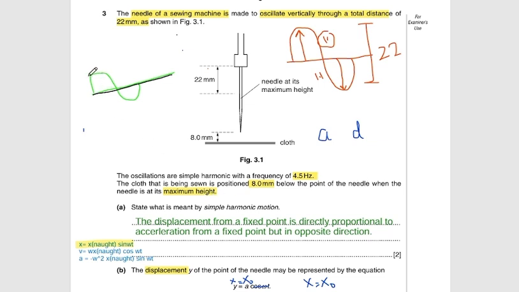Its maximum height is right here, and we know the maximum height is 11, but we also know that the cloth is 8 millimeter below the point of the needle.